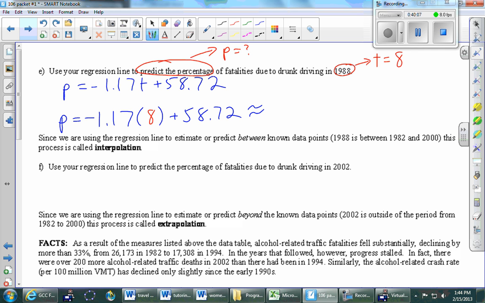Can somebody give me a number here? Anybody else get that? Anybody get something different? What'd you get? 68.04? 49.32?